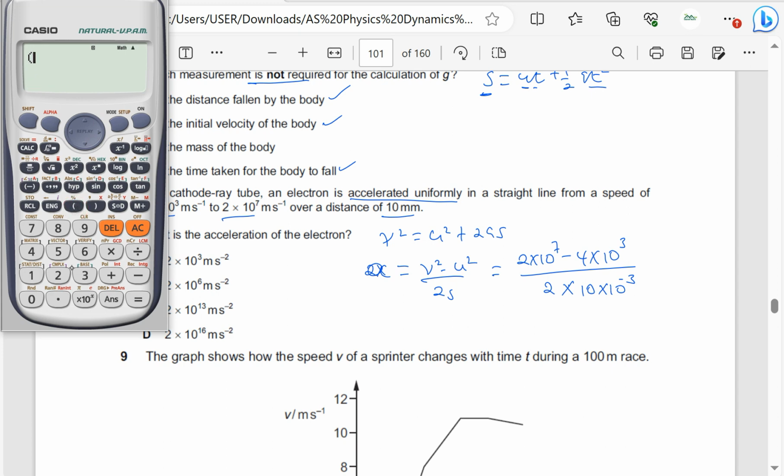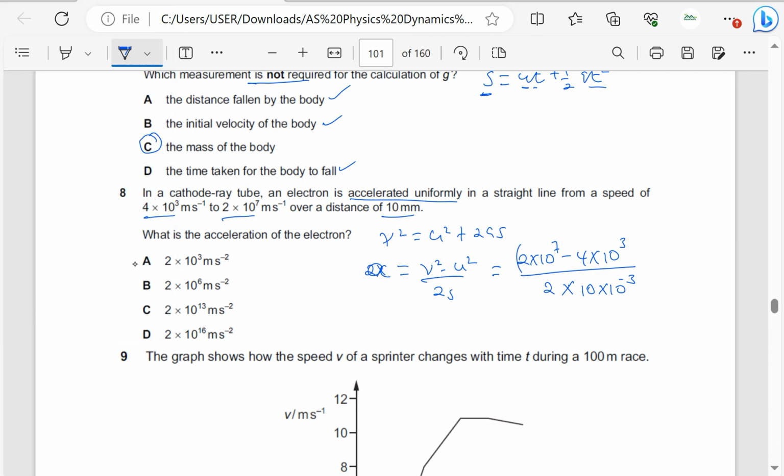So this is going to be 2 exponent 7 minus 4 exponent 3, divided by 2 times 10 exponent minus 3. So this is giving me 9.998, or I can say 1.0 times 10 power... Sorry, these are squared.